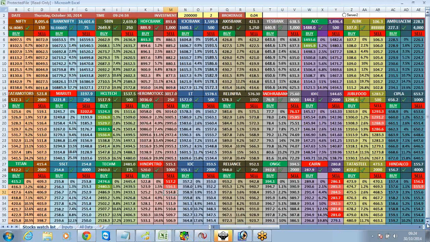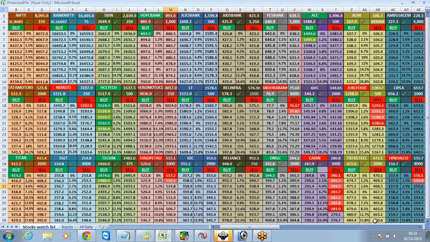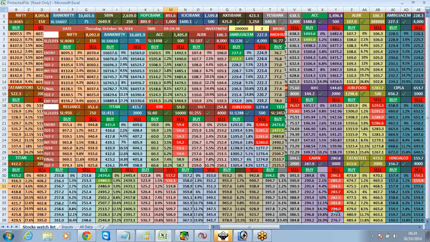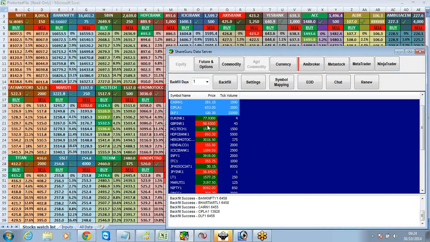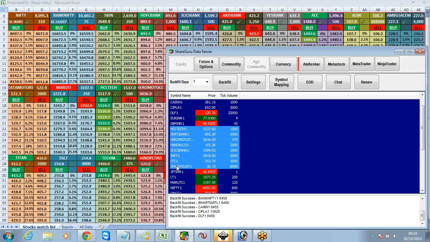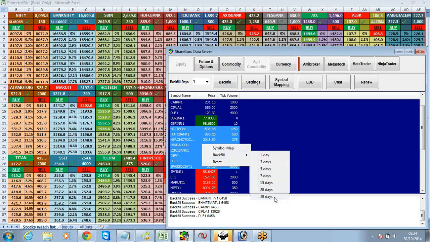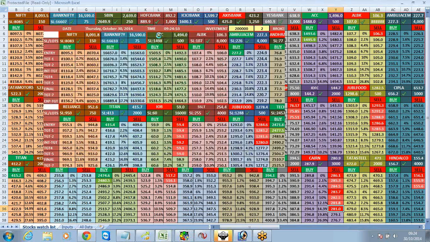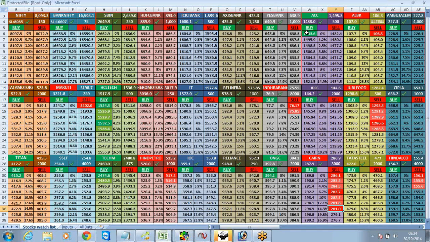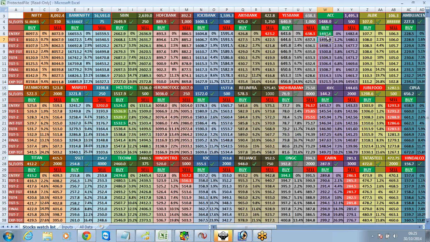So Can India, you can just see that it has already done its final target here. Let me just open the rest of the charts. In case you have seen, let's say ACC, it has given an entry and made its first target, and then the first target is gone.